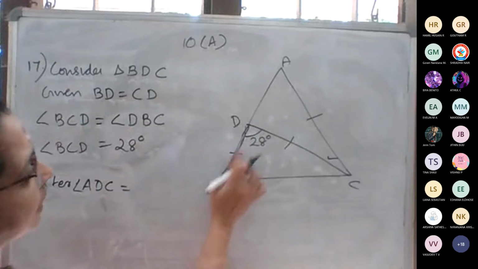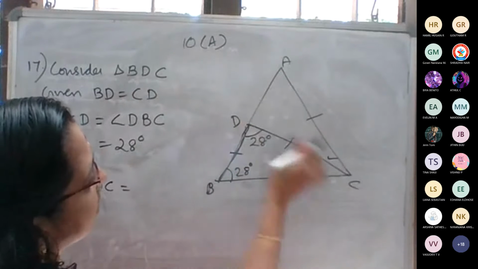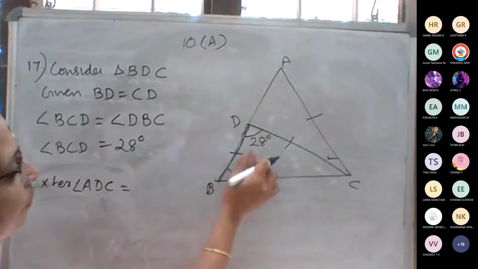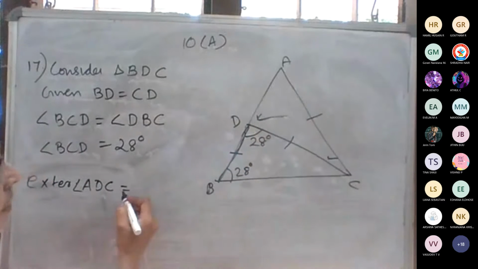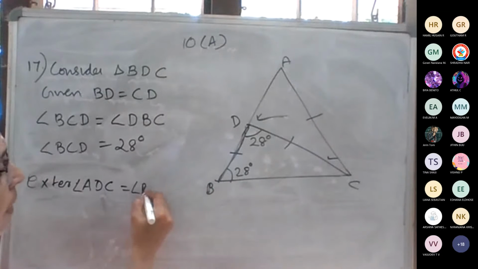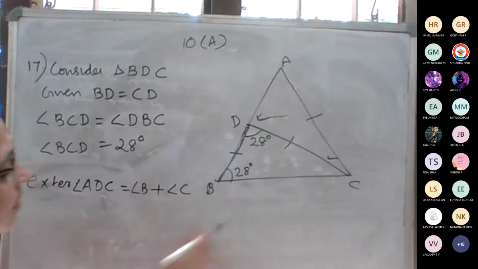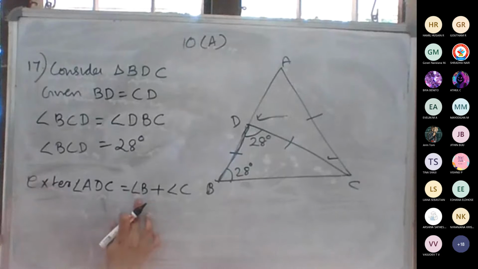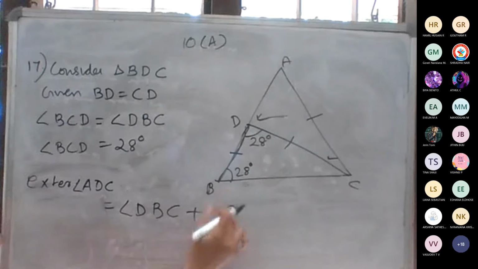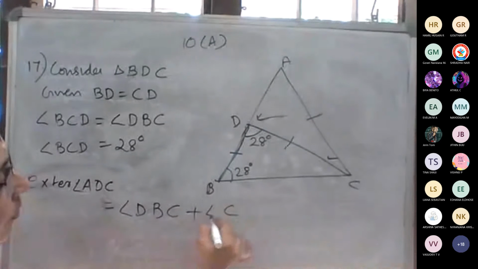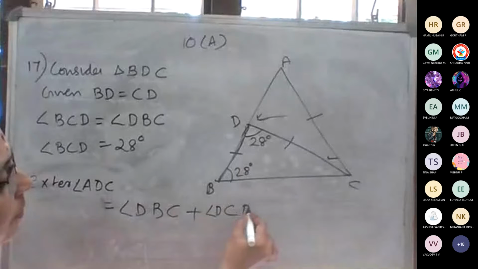The exterior angle ADC will be the sum of the opposite interior angles, angle B plus angle C. So the exterior angle ADC is equal to B plus C. Instead of B, we can write angle DBC plus angle DCB. DBC we got as 28 degrees.